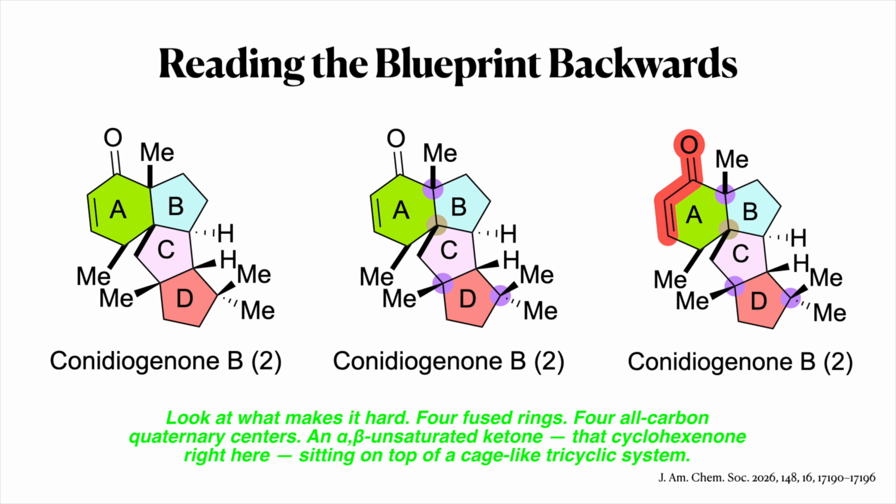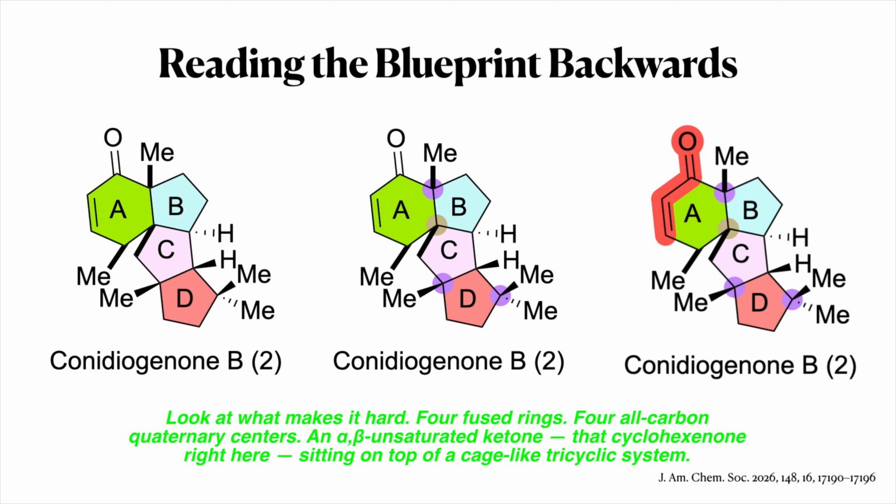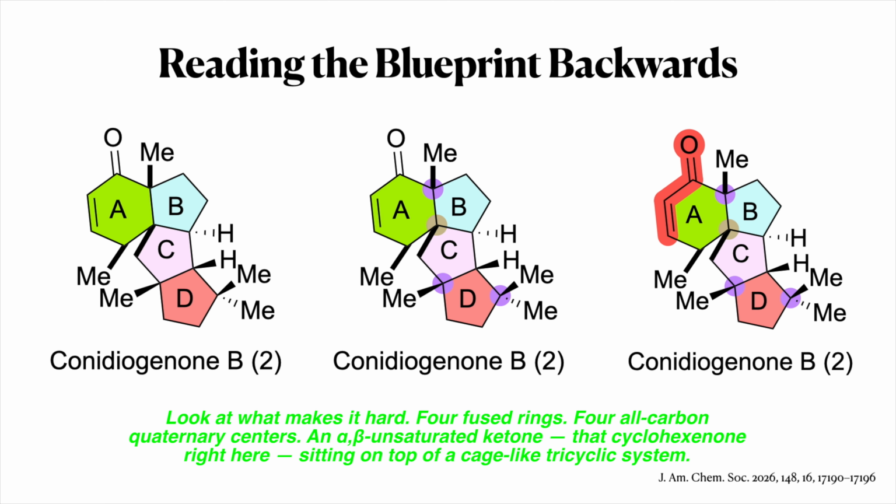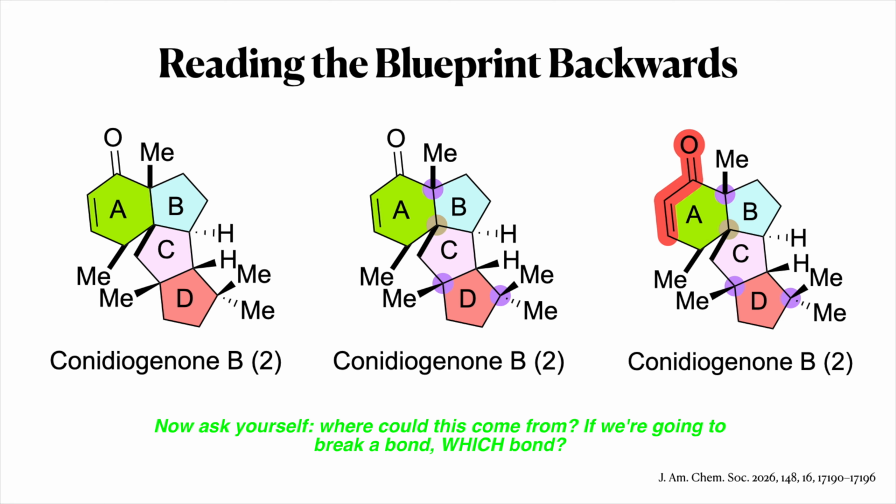Look at what makes it hard. 4 fused rings, 4 all-carbon quaternary centers, and an alpha-beta unsaturated ketone, that cyclohexanone right here, sitting on top of a cage-like tricyclic system. Now, ask yourself, where could this come from if we are going to break a bond?